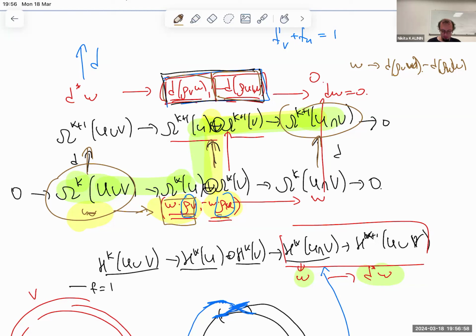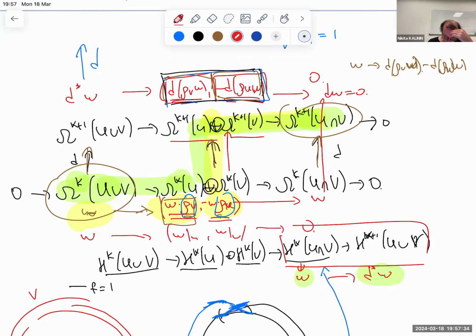You restrict omega to U, restrict omega to V, and then take the difference.